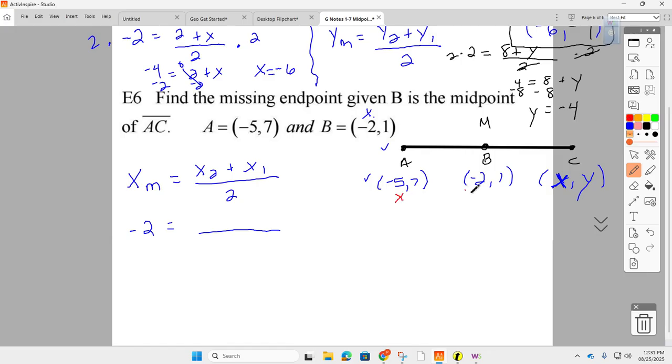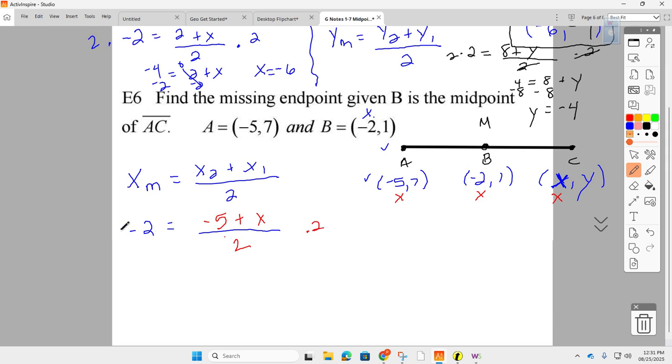This is an x, this is an x, which we already used, right? And then we have that x. So we've got to use not the 1, right? So the x's go on top. x is negative 5, and then for the other endpoint, x. We already used this x over here. So the endpoint x's go on the right, the midpoint x goes on the left.